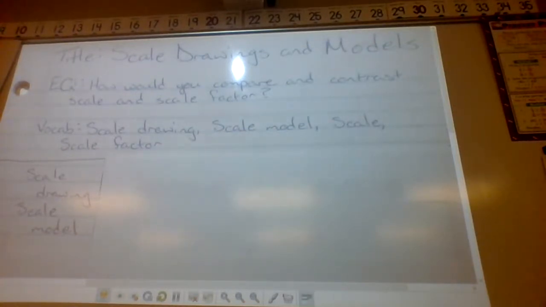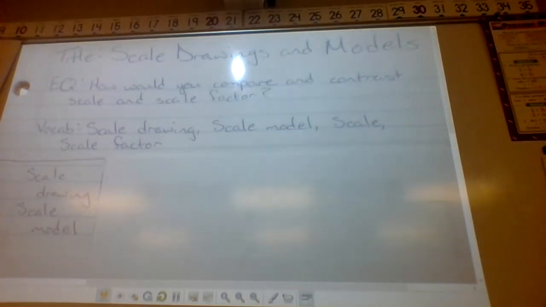My Legos are not exactly to scale, but you see all those buildings up there? Those are models. If they were scale models, they would have been built exactly right, so that the length and width in comparison is the same as the ratio to the actual building. So like a blueprint? A blueprint.